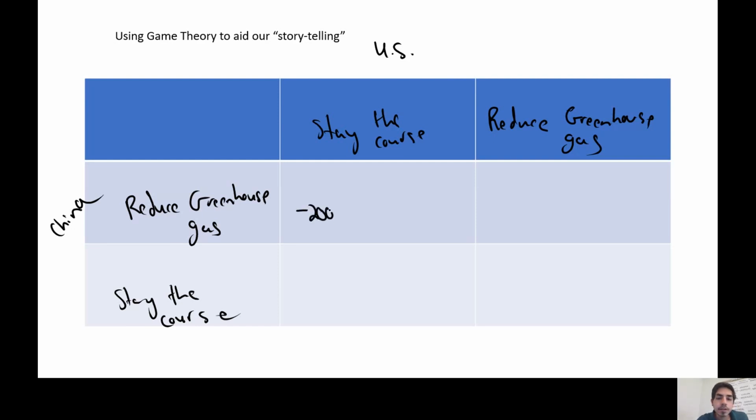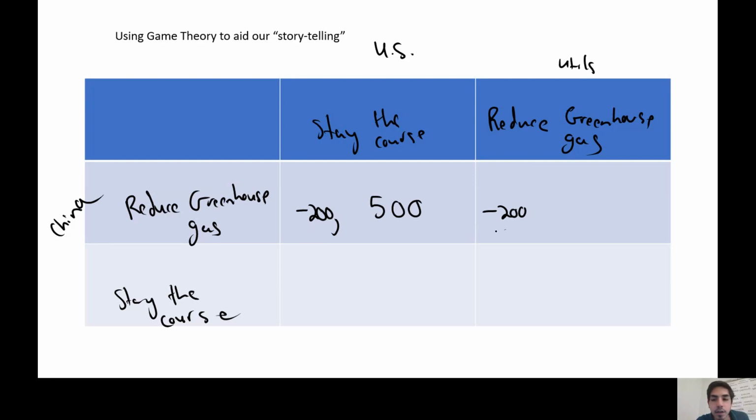And then we also have to have payoffs, right? And so remember, the row player is going to be the first number, and then the column player is going to be the second number, right? And I'm going to say that these numbers are going to reflect utils, like the utility of particular courses of action.